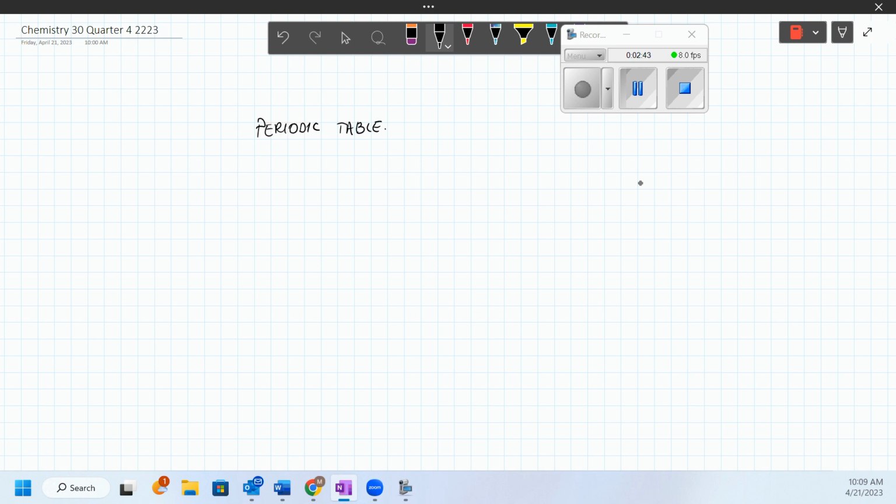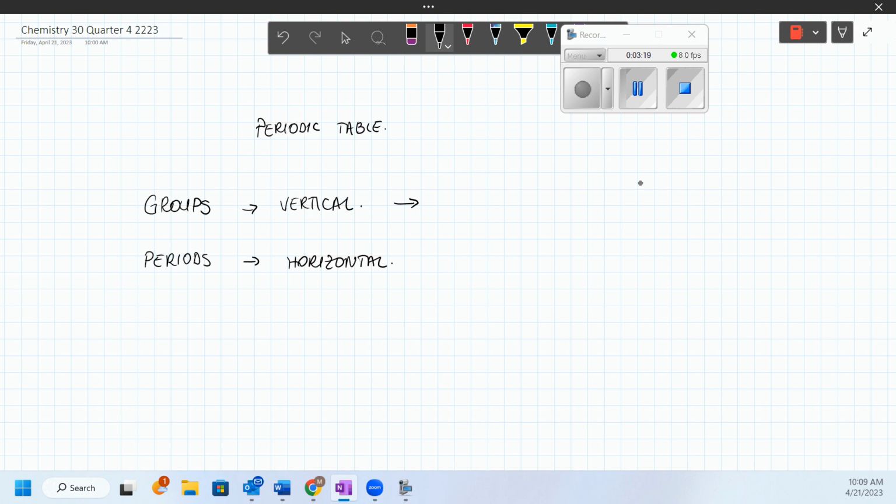It is organized into groups, which are everything that is on the vertical, and into periods, which are in the horizontal.